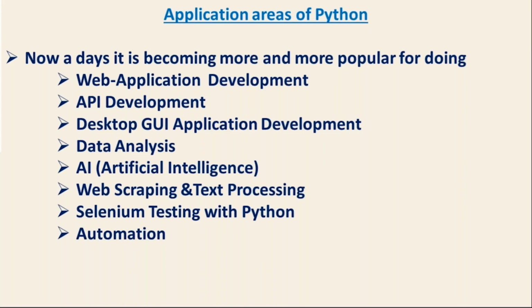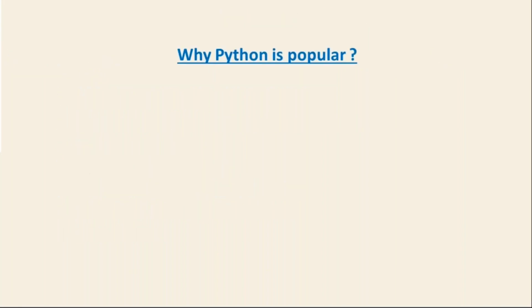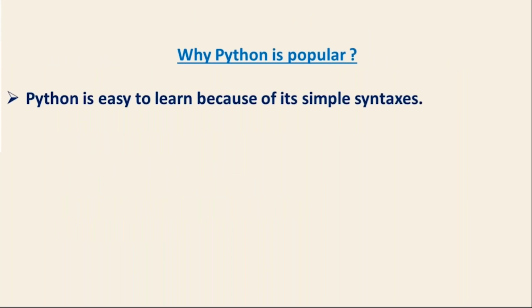your Python is popular. See, if Python is popular, then definitely it has some unique features compared to other programming languages or scripting languages, right? So because of that only Python is popular. Then what are those? Why is Python popular, right? Let me go through that. The very first one is Python is easy to learn because of its simple syntax.